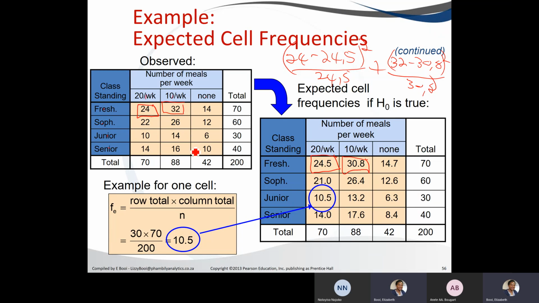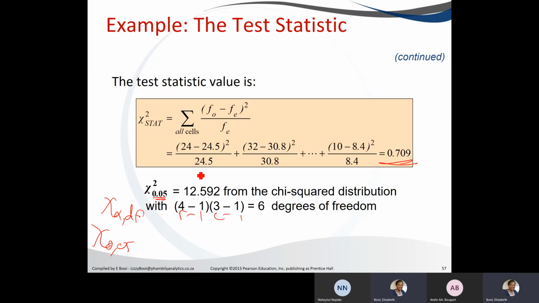Do not count the totals, they do not form part of the table, only the values of your categories. There are 4 rows and 3 columns. So 4 minus 1 times 3 minus 1, which is 6. So our degrees of freedom is 6.